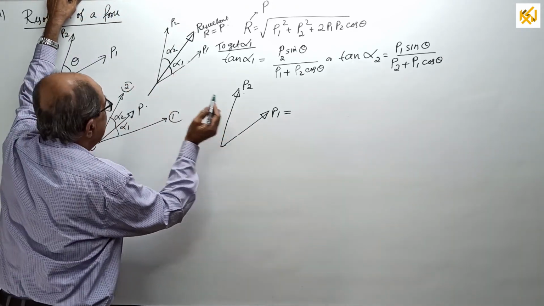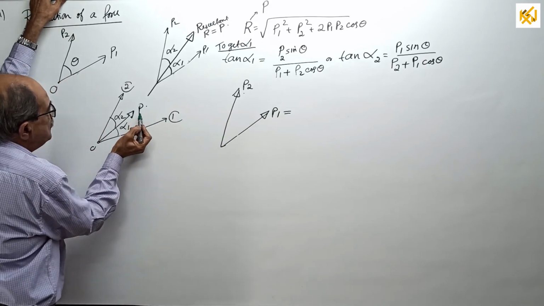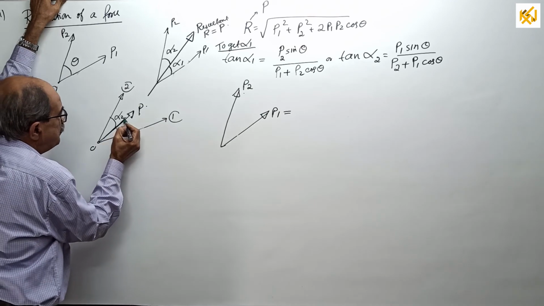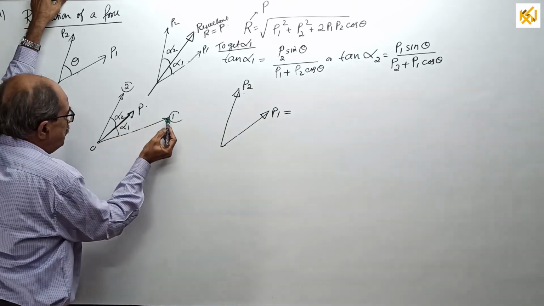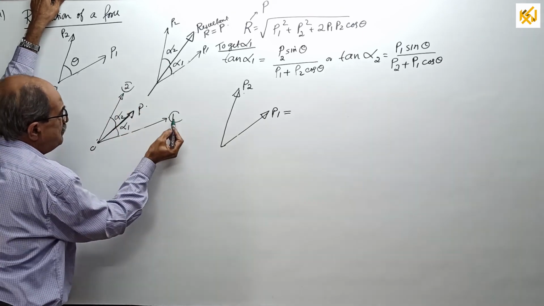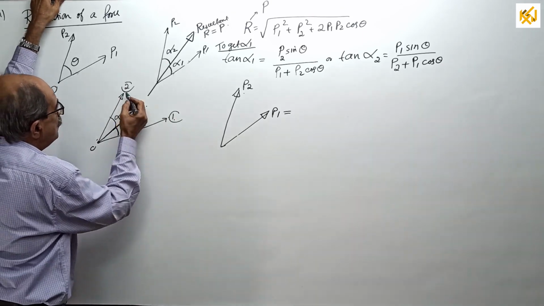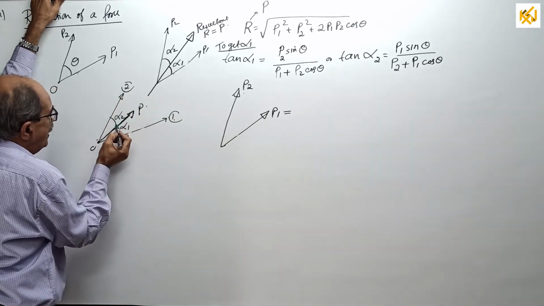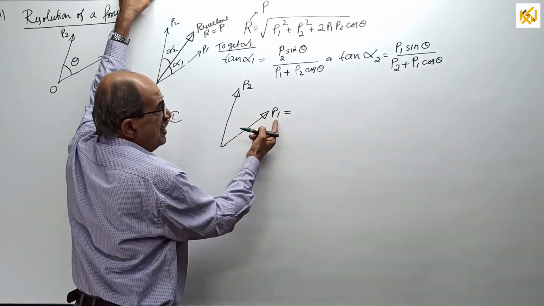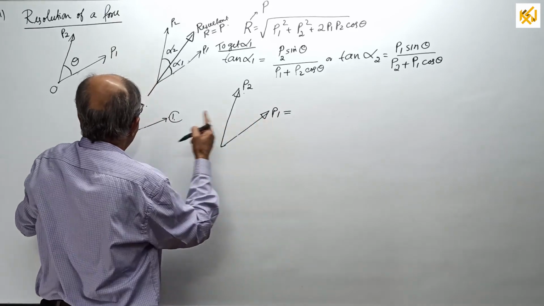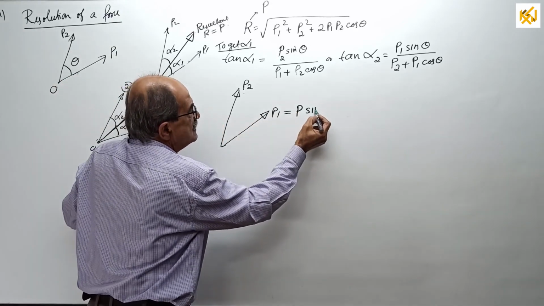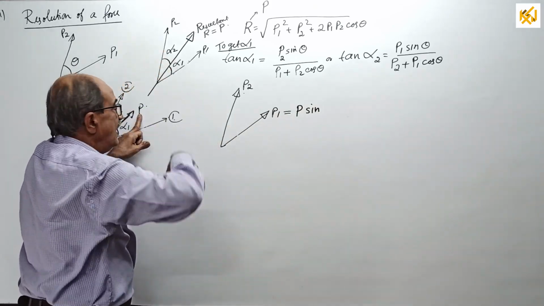Now the data here: P is known, alpha 1 and alpha 2 are known. That is, for a given force P, we want components along O1 and O2. O1 is making an angle of alpha 1, O2 is making an angle of alpha 2 with P. The formula for P1 will be: the force into sine of the other angle.